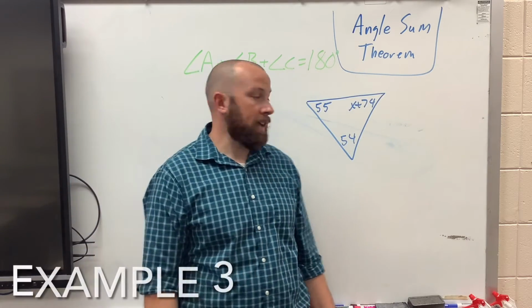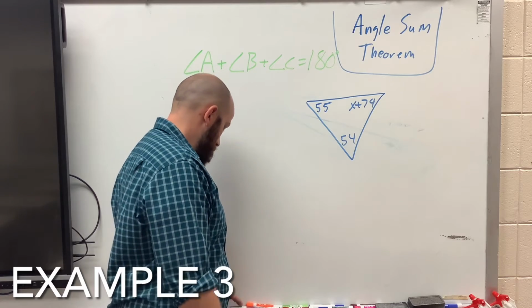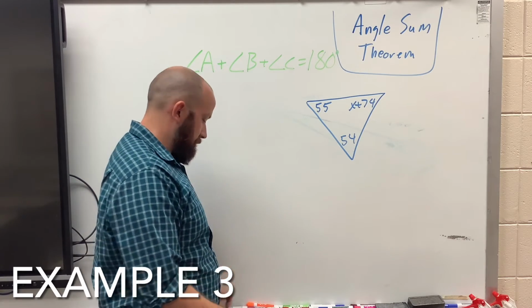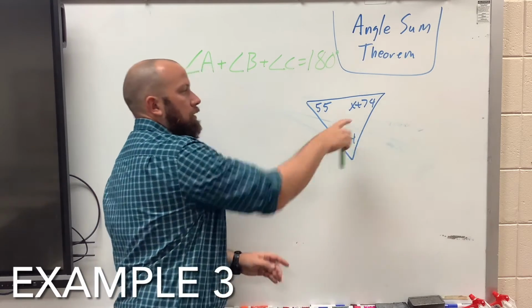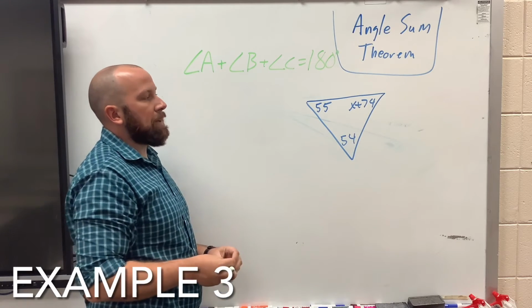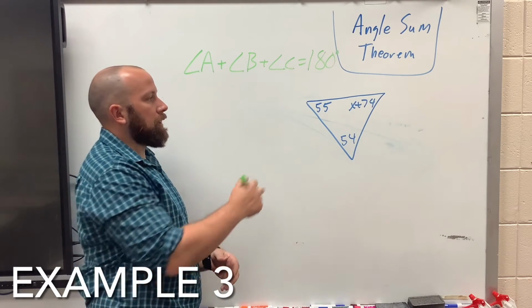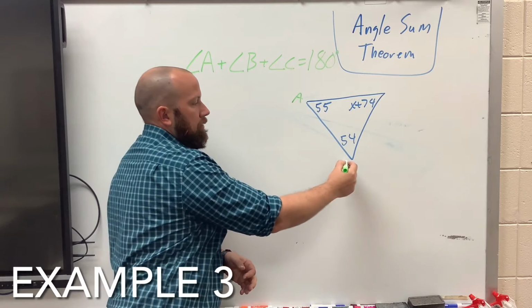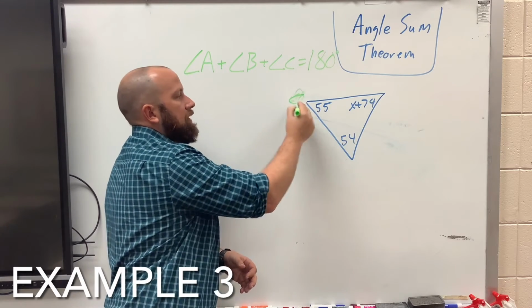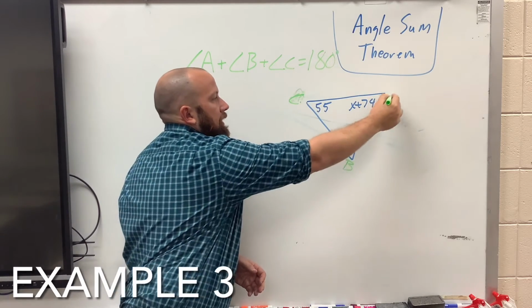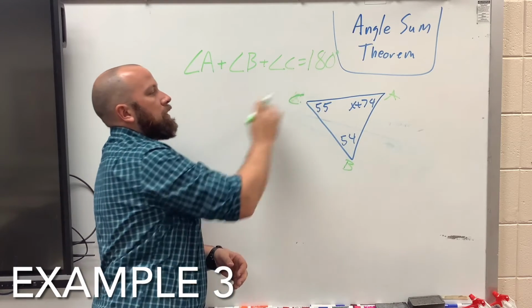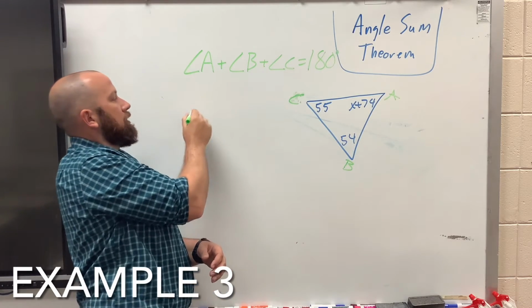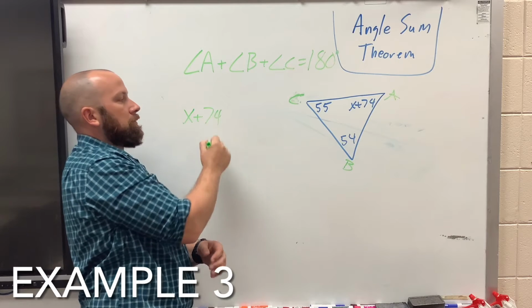All right, and here's our last example. This one we're going to find X. We do this the exact same way, using the angle sum theorem. I'll call this A, this B, and this C. A is X plus 74.